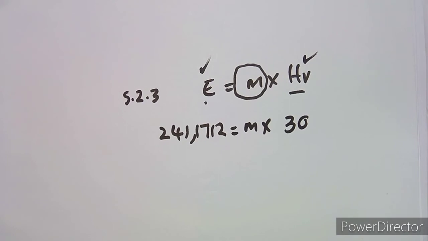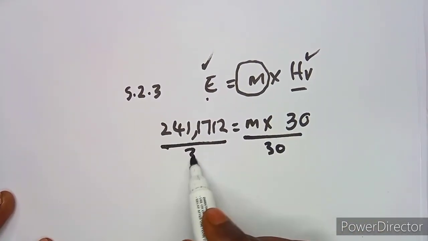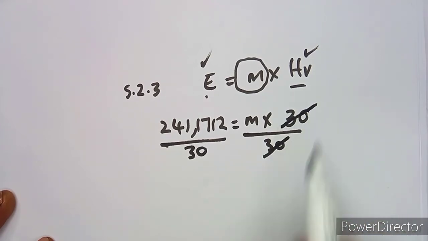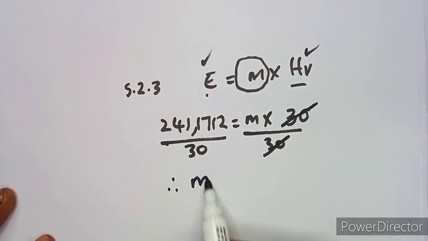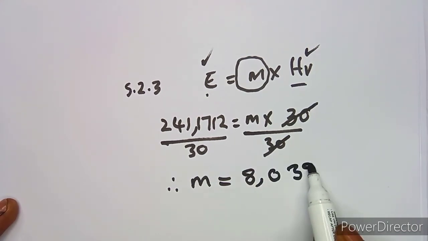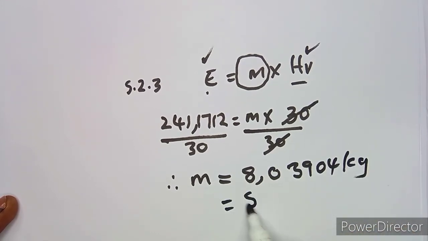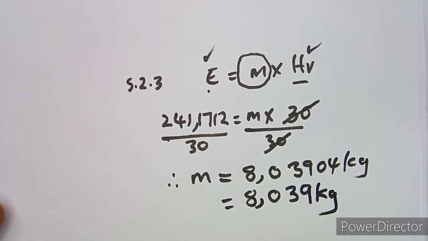How can I find mass? I can simply divide, because I'm multiplying here, so divide by 30 there, divide by 30 there. This can cancel. So therefore, the mass of coal which was required is 8.03904 kgs. You can round off to 3 decimal places, which is kgs.